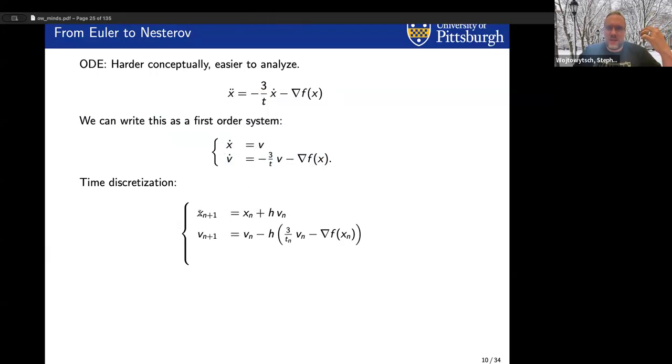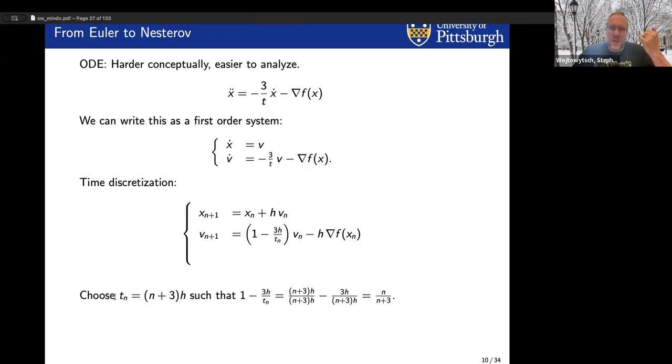So we've got x_{n+1} is x_n plus h times velocity, and we've got v_{n+1} is velocity minus step size, 3 over time, v_n minus gradient f of x_n. So this is just the explicit Euler discretization, and we can rewrite that a little bit by combining the velocity here, we just bring over here.